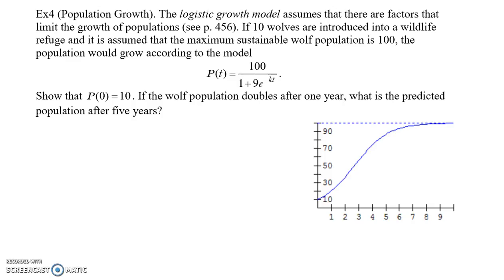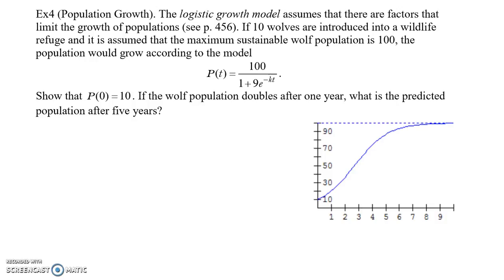Our next example, example 4, looks at population growth under what's called the logistic growth model. The logistic growth model assumes that there are factors that limit the growth of populations. These are environmental factors such as limits to resources and things of that nature.